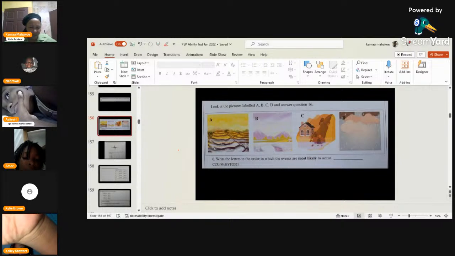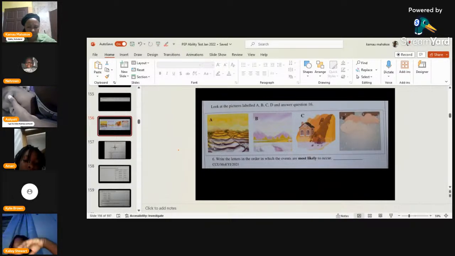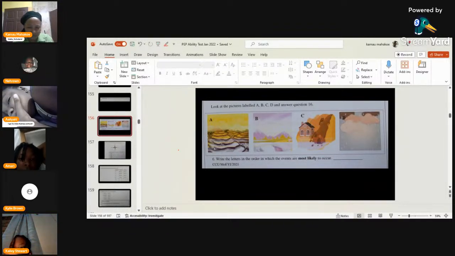Write the letters in the order in which the events are most likely to occur. So what's happening here though? Can we make out what's happening here? What's in A?